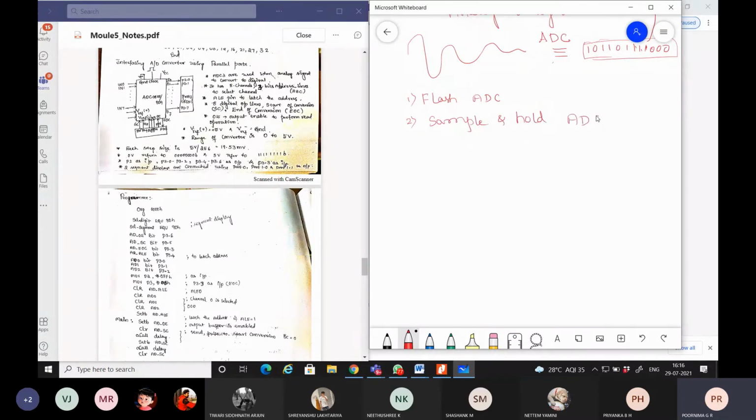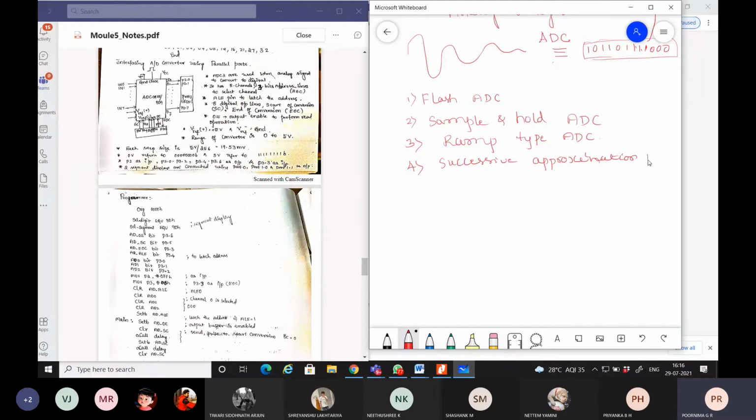Then RAM type analog to digital converters we can make use of, and successive approximation ADCs also we can make use of.